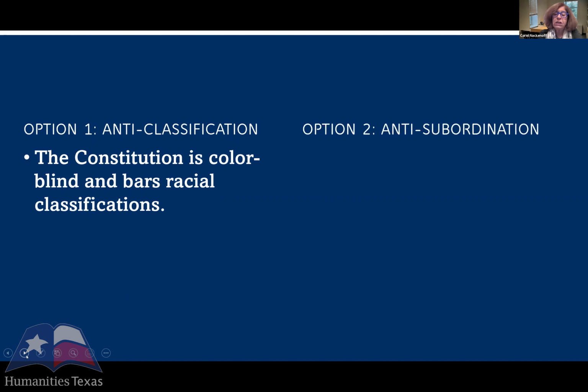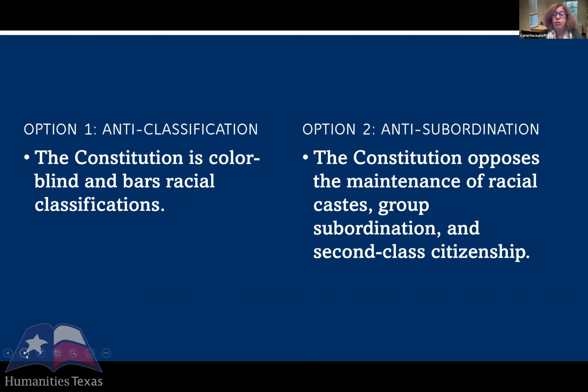Another option is anti-subordination. The Constitution opposes the maintenance of racial castes, group subordination, and second-class citizenship. If that's true, then perhaps there is some obligation on the part of the state or federal government to eradicate subordination and second-class citizenship. Justice Harlan, back in the Civil Rights Cases of 1883, also talked about the badges and incidents of slavery.